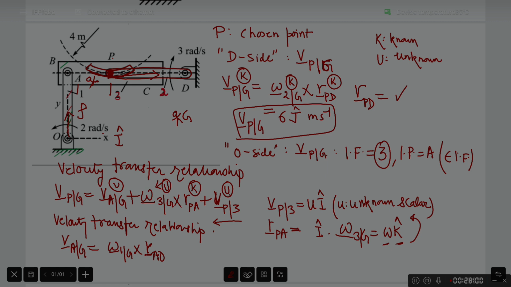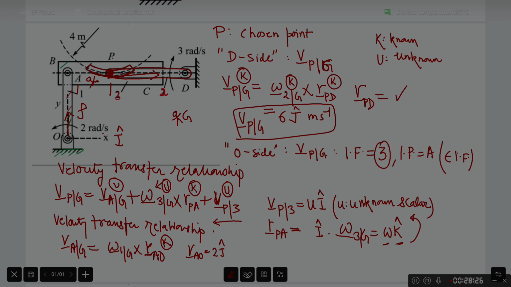Is RAO a known quantity? Yes, it is. RAO is a vector along J direction, and again the magnitude is given to be 2 meters. So it is 2 times J. It is a known quantity.